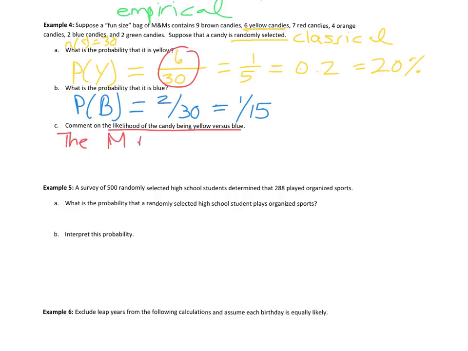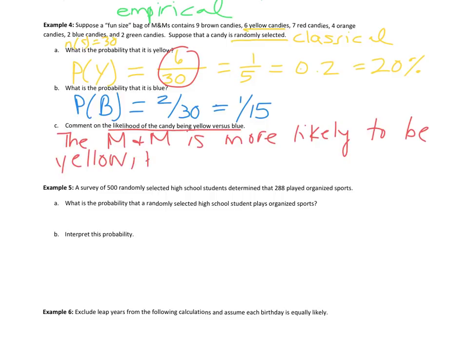So the M&M is more likely to be yellow, because the probability that it's yellow is higher than the probability of being blue.